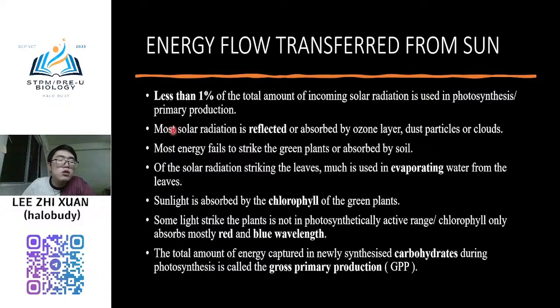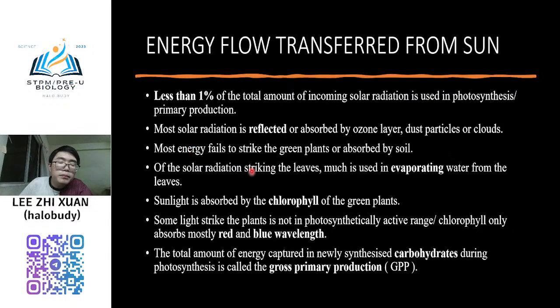Most solar energy is reflected or absorbed by the ozone layer, dust particles or clouds, or lost through reflection, transmission and evaporation. Most energy fails to strike the green plant or is absorbed by soil, so the other 99% of the energy fails to reach the green plant.